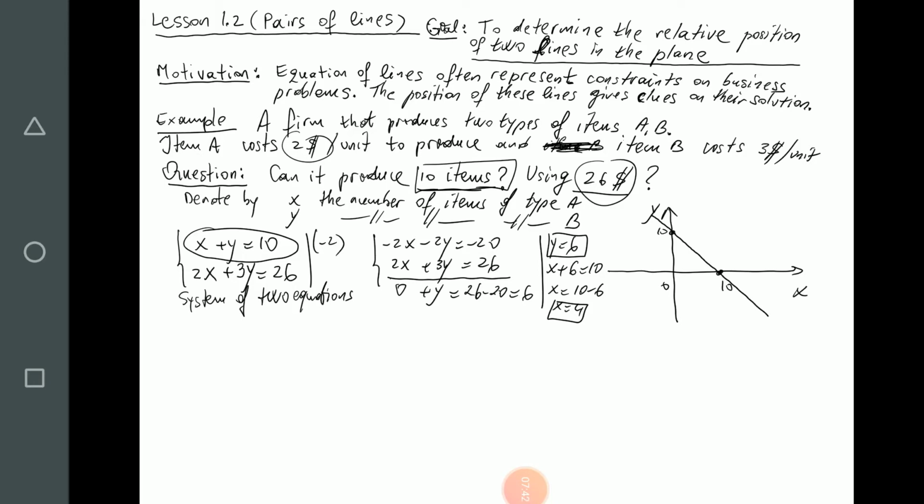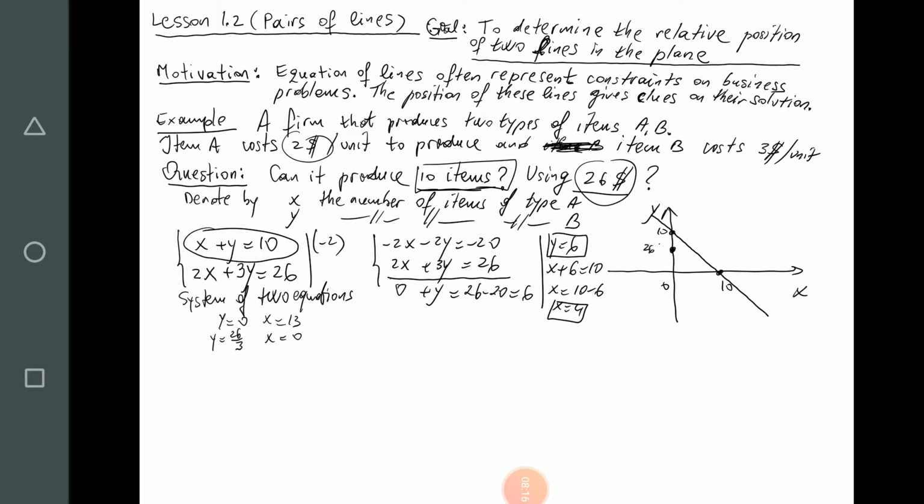The other one, I don't think it has nice numbers. For the other line, if I plug in 0 for y, then x will be 13. And if I plug in 0 for x, y equals 26 over 3, which is 8 point something, right? So when x is 0, y is 8 point something, so it's further below 10.